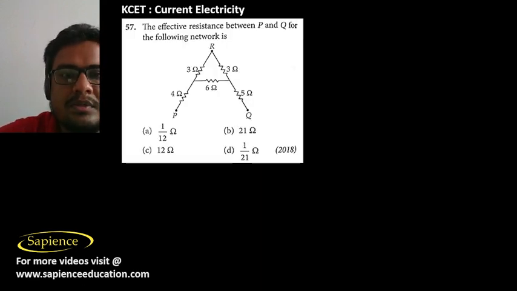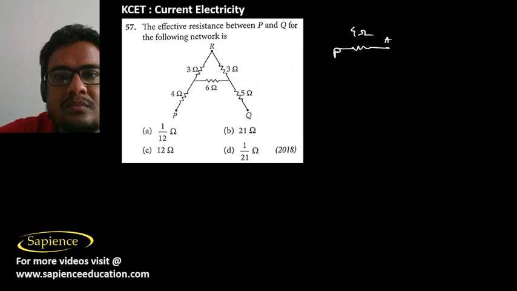Question number 57, it is told the effective resistance in between P and Q for the following network is. From P to, let's say, A, 4 ohm. Then A to R, there is 3, and this is also 3.